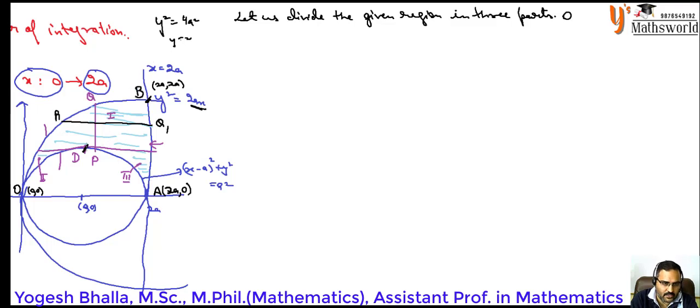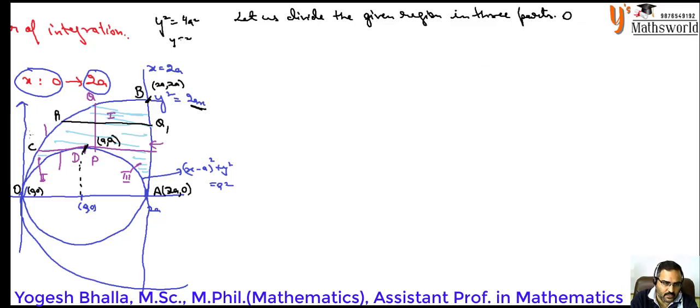And what about D? Here we have a radius at A, so its coordinates will be (a, a). Now we need a point C also.